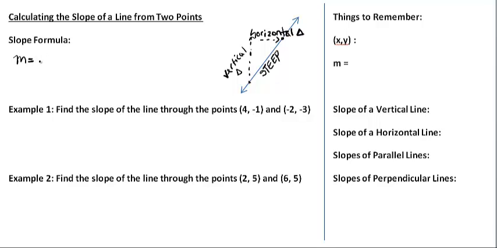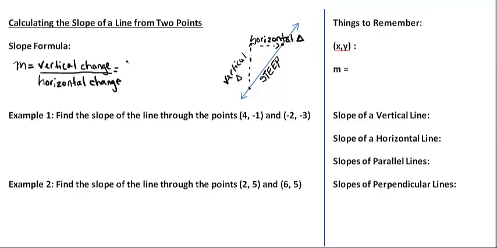So our formula for slope, which is abbreviated with the variable m, is found by finding the change in y, or the vertical change, over the horizontal change, or the change in x. If you want to memorize an exact formula, that would be y2 minus y1 divided by x2 minus x1.